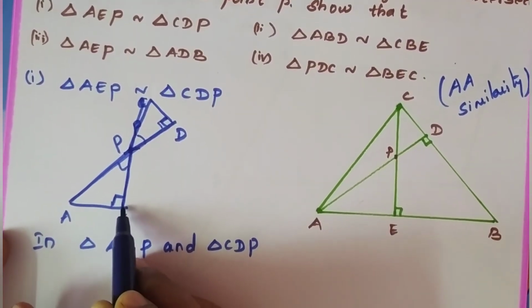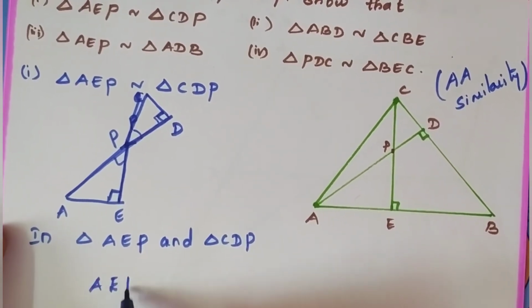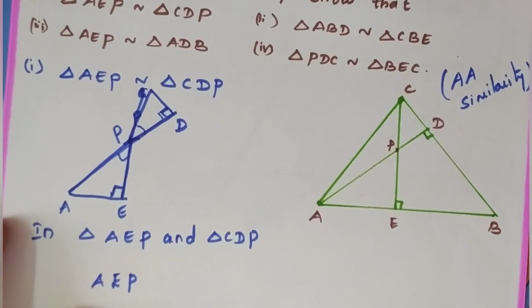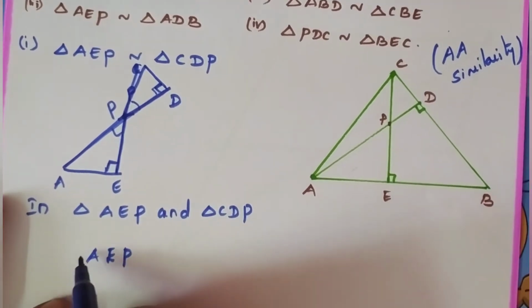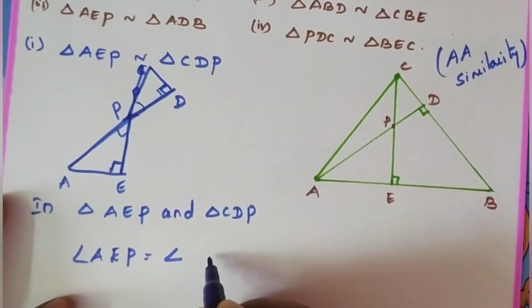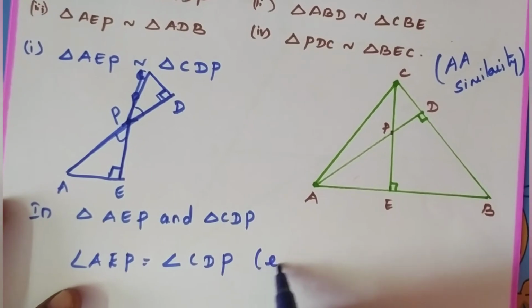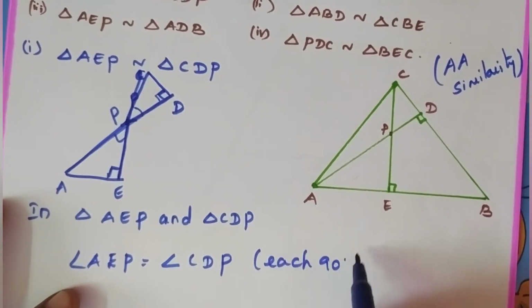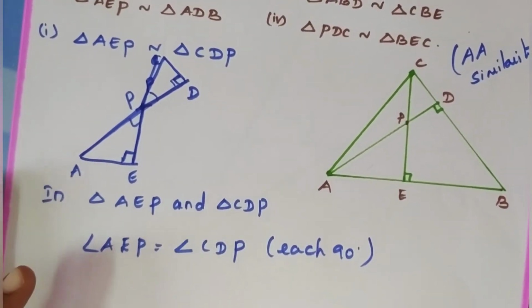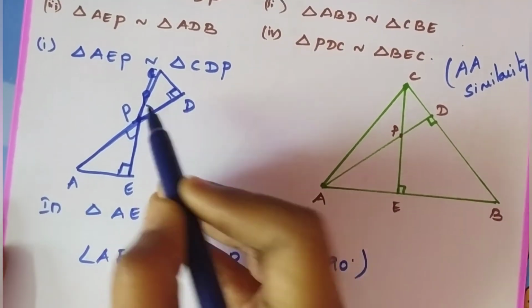Between E, after that write the other two names of the vertex. Angle AEP is equal to angle DCP. Both angles are each 90 degrees.